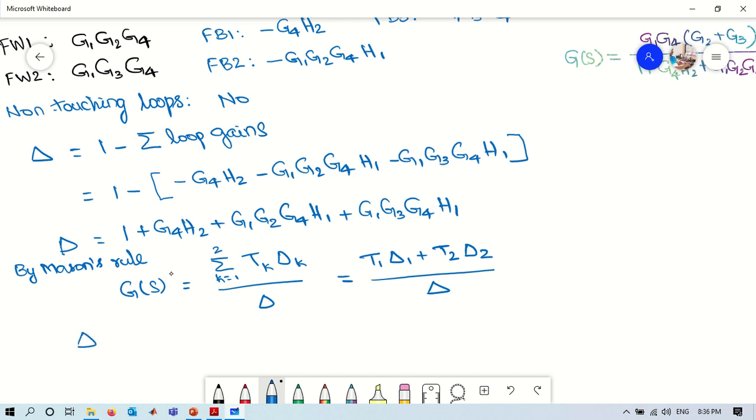So delta K, according to the formula, is delta minus summation of loop gains touching the kth forward path.